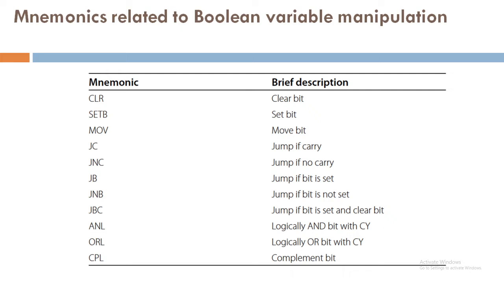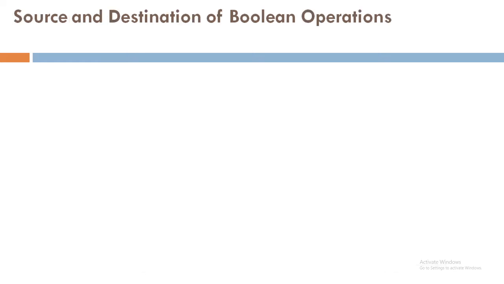That means if there is no carry in the PSW flag, then the jump will be executed. Similarly, we have JB, jump if the bit is set, and JNB, jump if the bit is not set. So these are certain instructions which are categorized under Boolean manipulation instructions. Let's have a look at those instructions with examples.